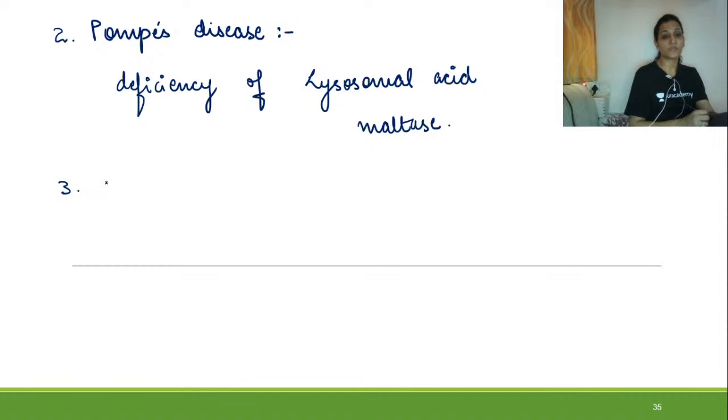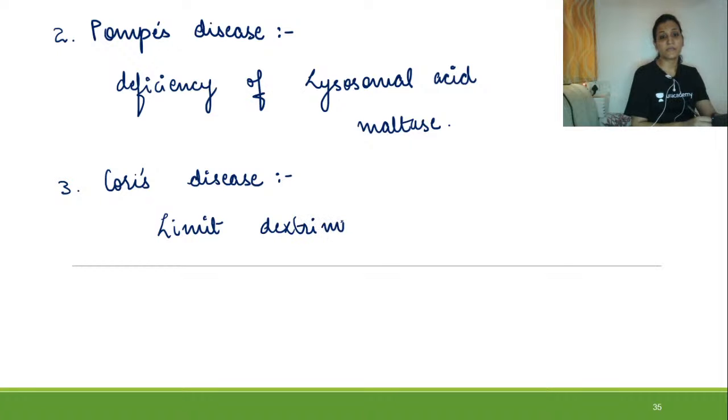The third one is Cori's disease. There are some other names for Cori's disease: limit dextrinosis, and it is also called Forbes disease. So what happens in Cori's or Forbes disease?